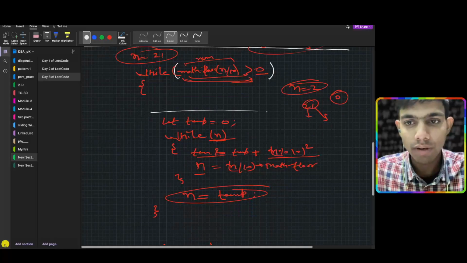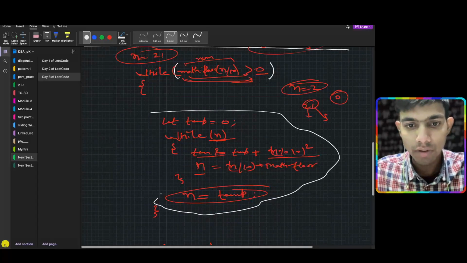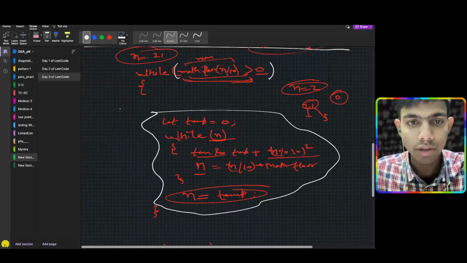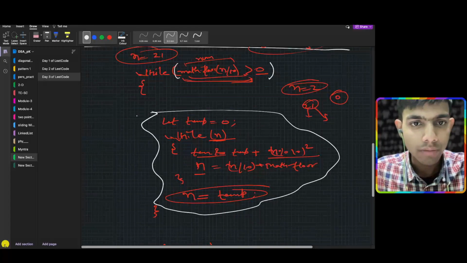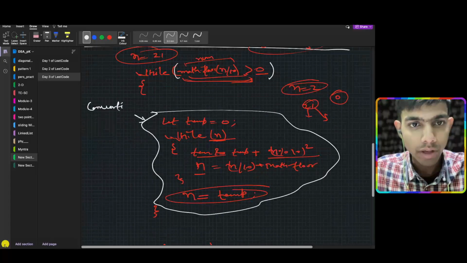This logic is for converting n into a single digit number.